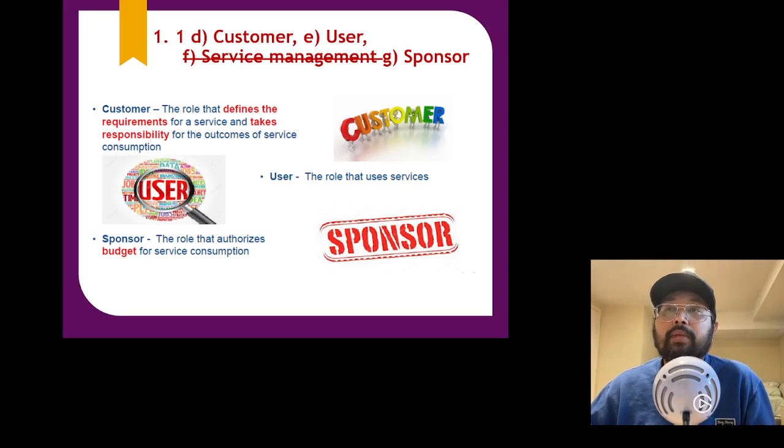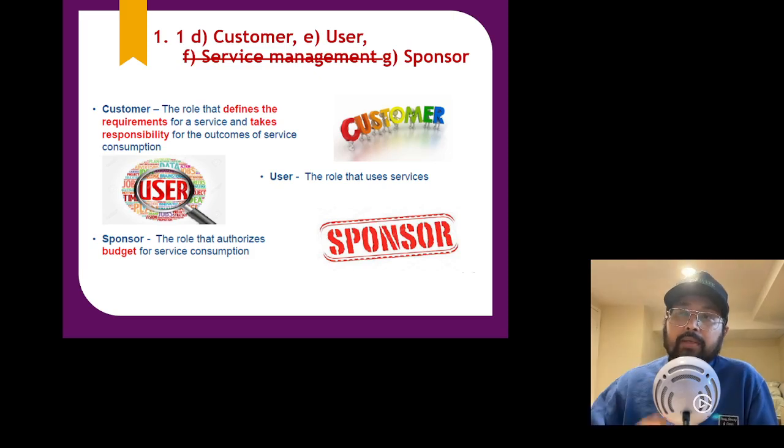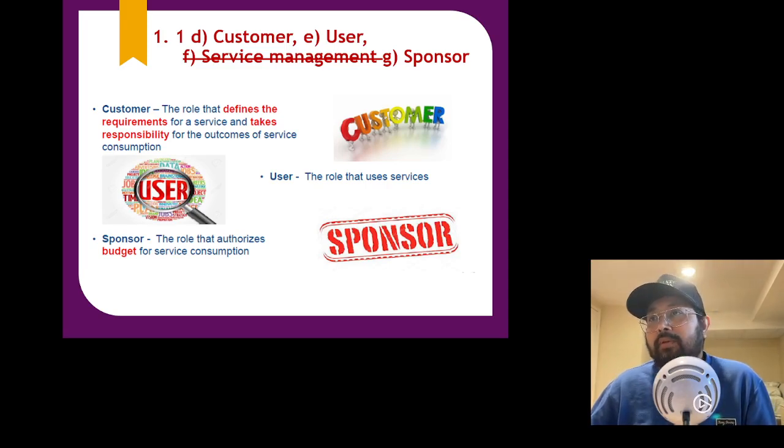You will see similar types of questions related with this topic, like who takes the responsibility for the outcomes of a service consumption, and you have to select the right role for that one. And then come to the user. So user is the role that uses services. User is basically for a software, like I'm a software user.